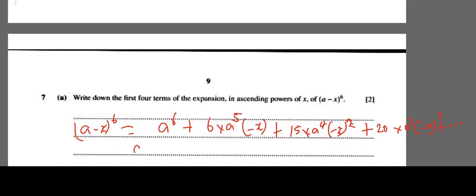Now we can simplify this. So we are going to have a power 6 minus 6 times a is 6a power 5 x, plus 15 times a power 4 is 15a power 4, and then x power, that is x power 2, minus 20.